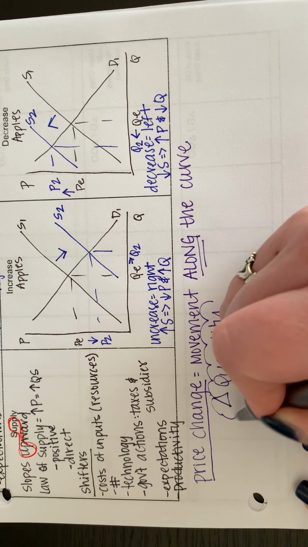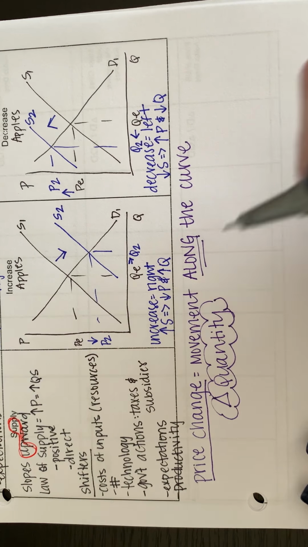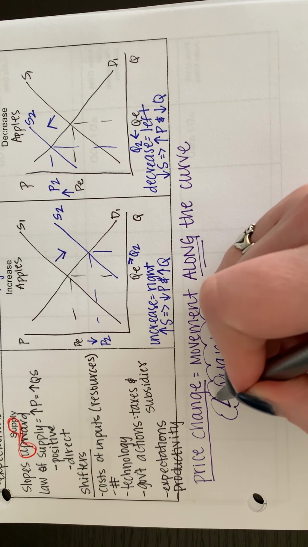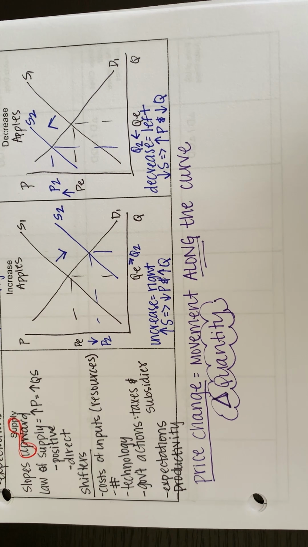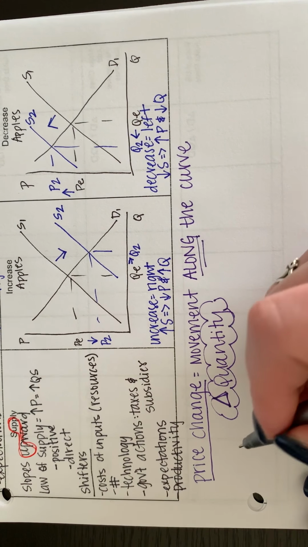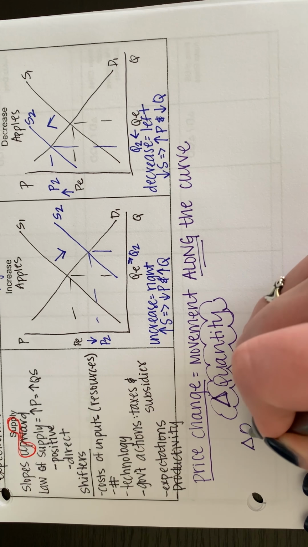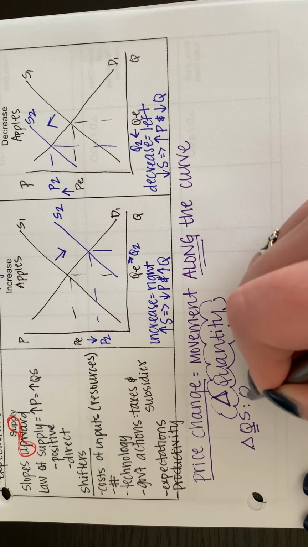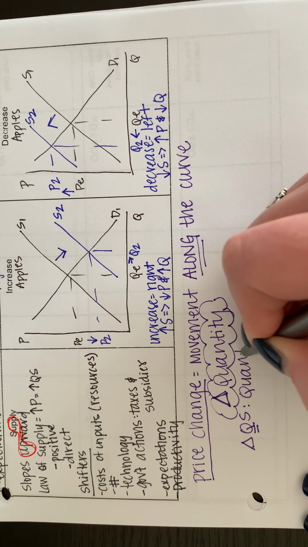So if we are talking about a change in quantity, we're talking about a price change, we're talking about movement along the curve. And here's our delta change symbol. So if we are talking about a price change, that means we are talking about a change in quantity supplied. So QS is quantity supplied.